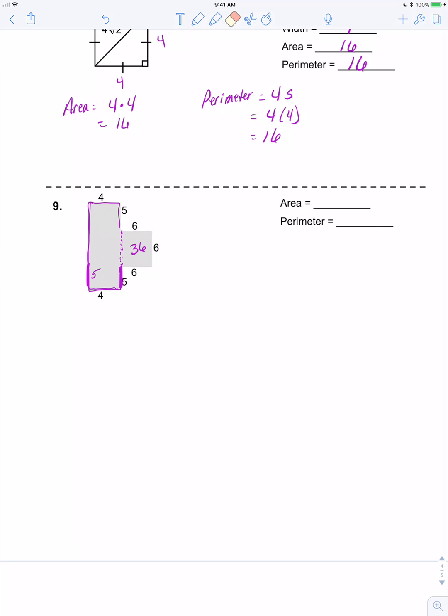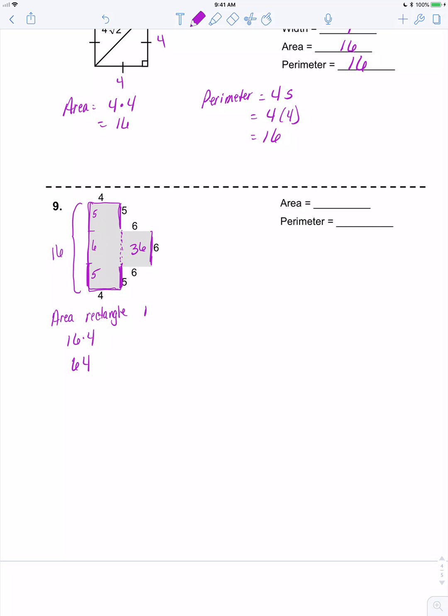Let me put it on the inside, 5. We're told from here to here is 6. So that's 6, and then we're told from here to here is 5 again. So we can conclude that this whole side here is all those added together, which is 16. So the area of that rectangle portion of this is 16 times 4, which is 64.